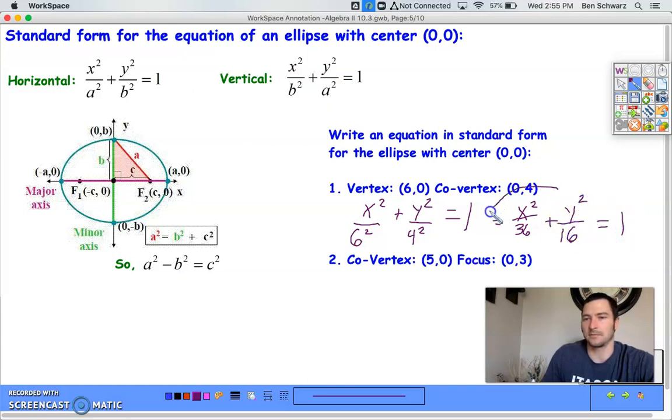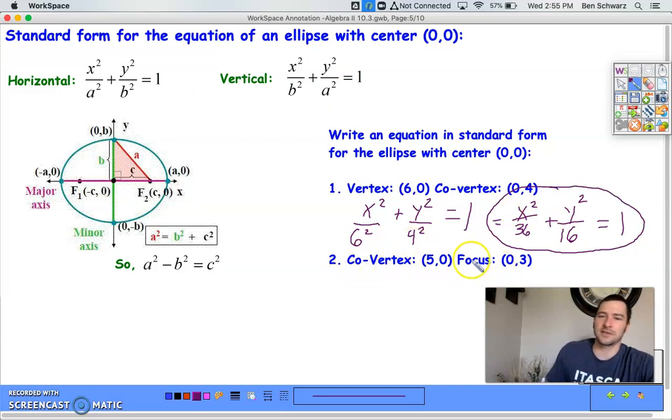All right, the next one, we're only given the co-vertex and a focus. We need to figure out where our vertex is. So we're going to go back to this equation here: a squared minus b squared equals c squared. Remember the vertex is a, right? So we would have a squared minus b, the co-vertices.